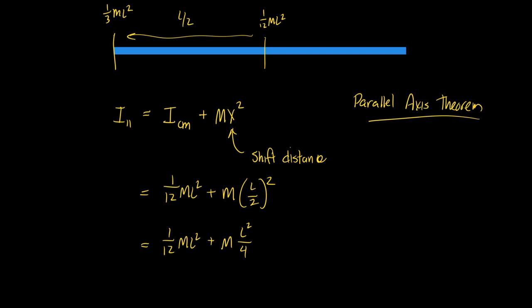I'm going to get common denominators. 1/12 ml squared plus 3/12 ml squared. 1/12 and 3/12 is 4/12 ml squared.